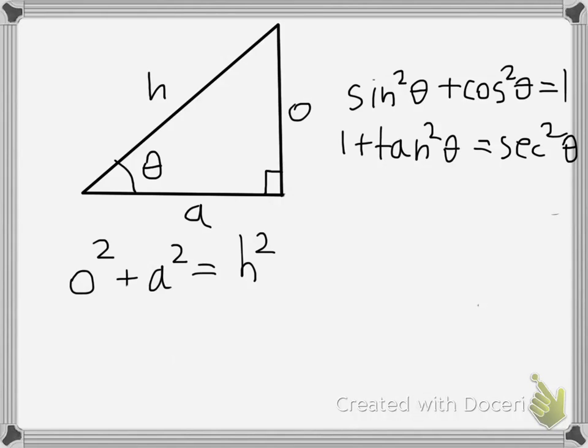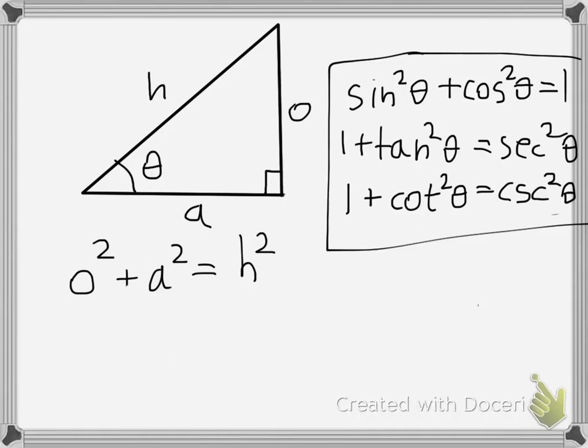And 1 plus cotangent squared theta equals cosecant squared theta. So these are the three Pythagorean trig identities, and that's what I wanted to go over in this video.